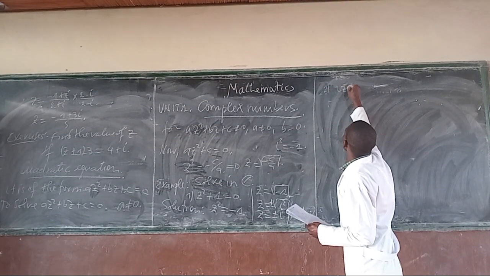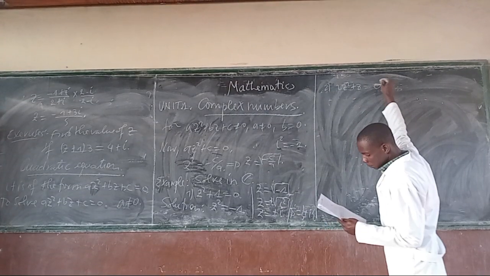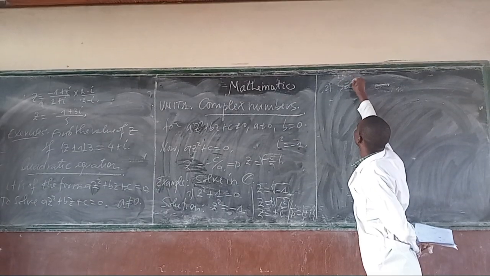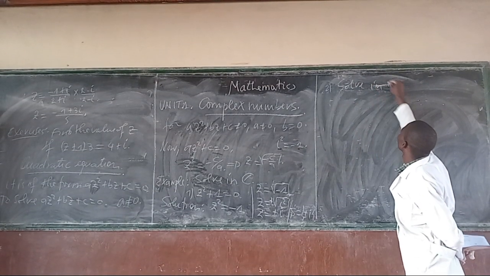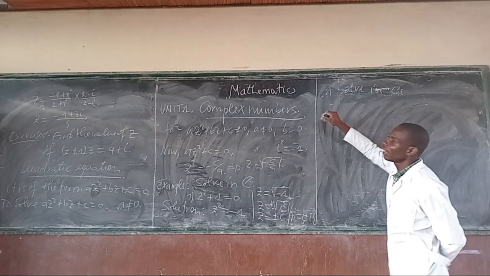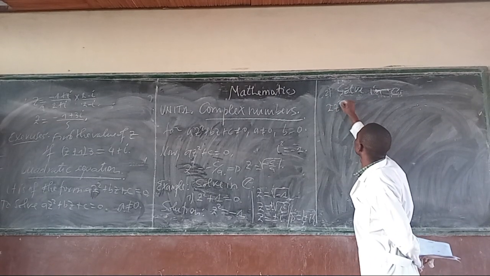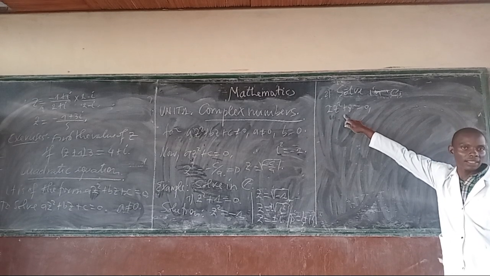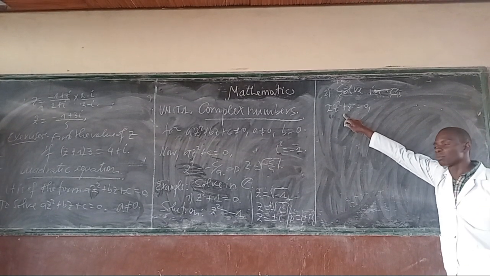We have 2z squared plus 8 is equal to 0. Let's say solve in the complex numbers 2z squared plus 8 equal to 0. In this case, you can find the value of z that satisfies this expression.